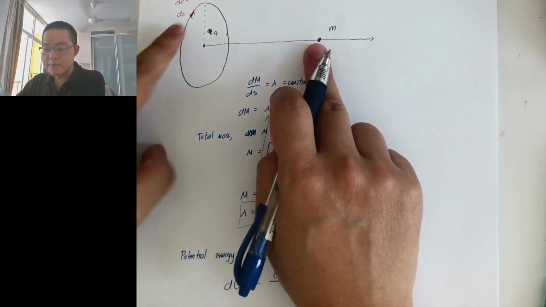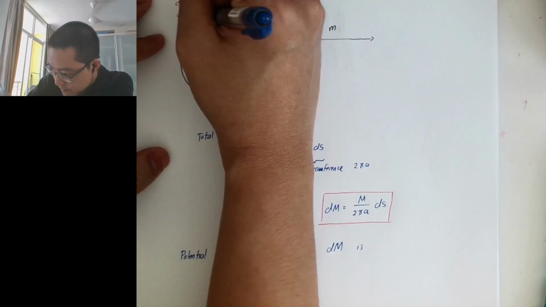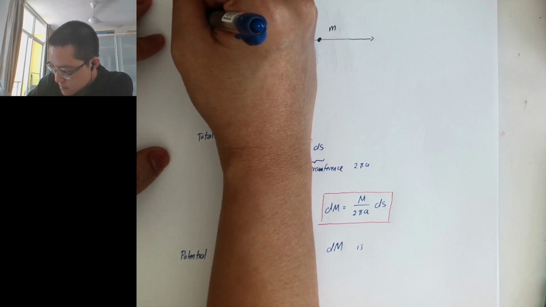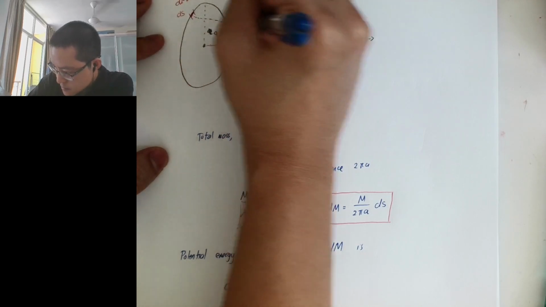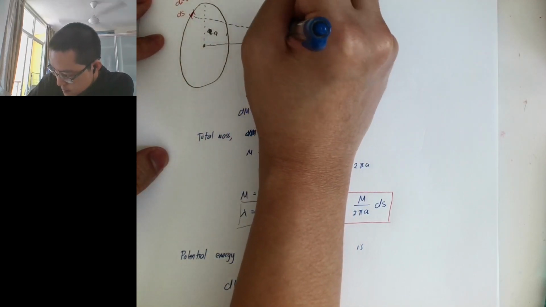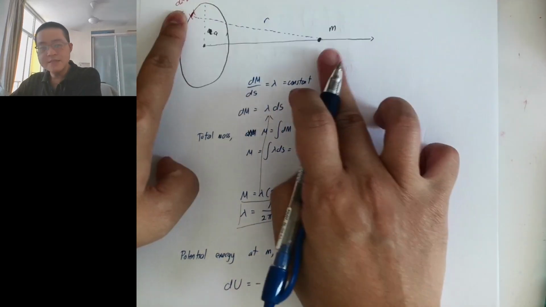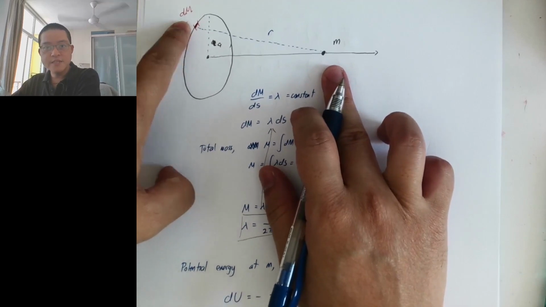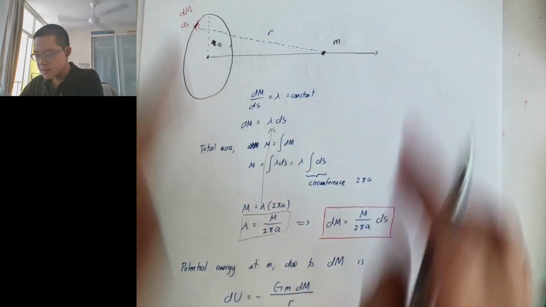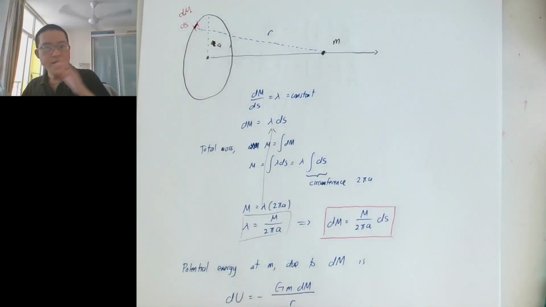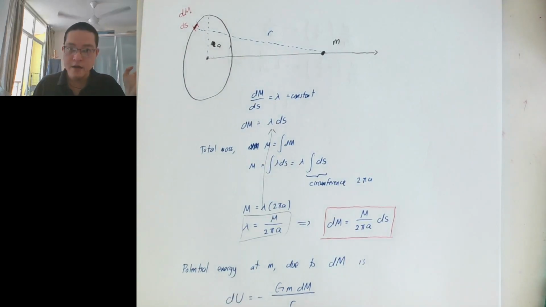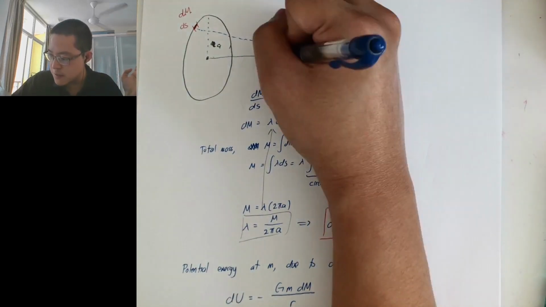This is mass m, and then the distance is from here to here, R. So this is dm, this is m, right? So the potential energy is this mass times this mass over R. Then you need to figure out what is R. So maybe you must be careful, right?